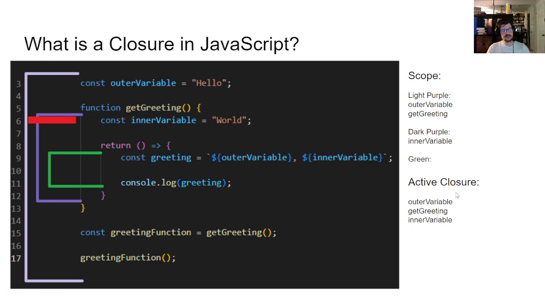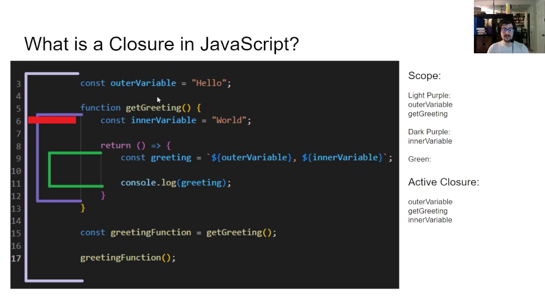But now look at the closure. When we're at line 6, our active closure has inner variable because we just defined it, but it also has outer variable and getGreeting. Why? Well, because when getGreeting was created, when we executed line 5, it took the closure of its parent, which had outer variable and getGreeting.